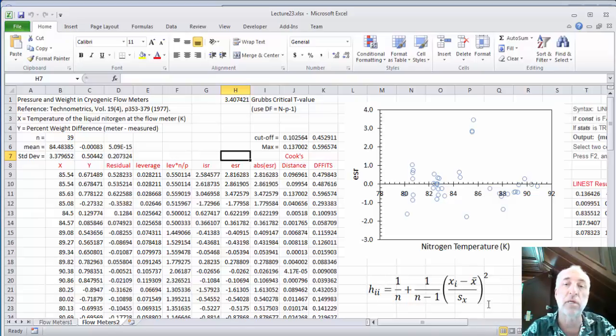For a single explanatory variable, we have a simple formula right here that allows us to calculate it. You see it has a minimum leverage of 1 over n, and then the leverage can be greater than that depending upon how far away the x value of the data point is from the mean x value. So we plug that formula in, and I have this column of data here.